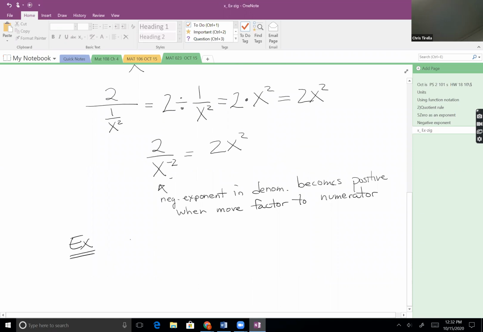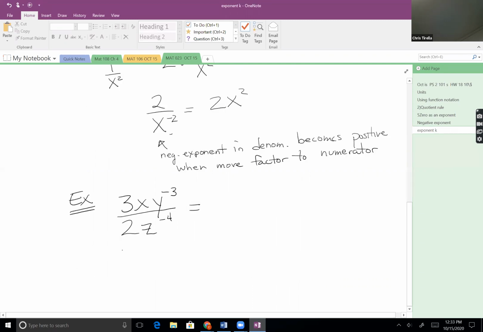So let's say I have 3xy to the negative third over 2z to the negative fourth. If I were to be asked to rewrite with positive exponents, does everybody see that the 3, x and the 2 all have positive exponents, so they'll stay put.